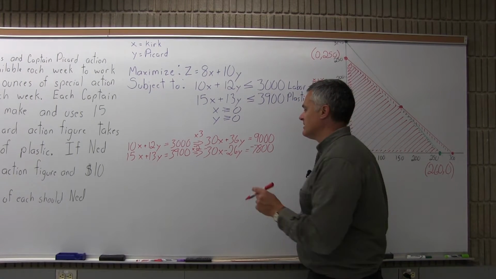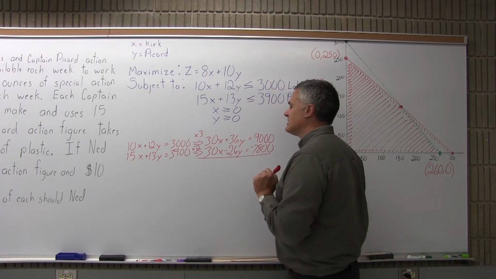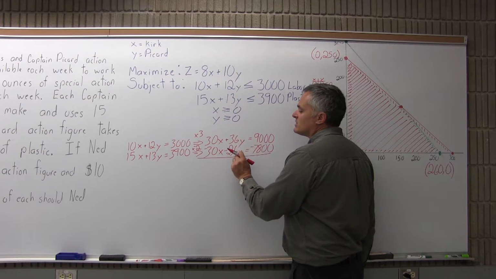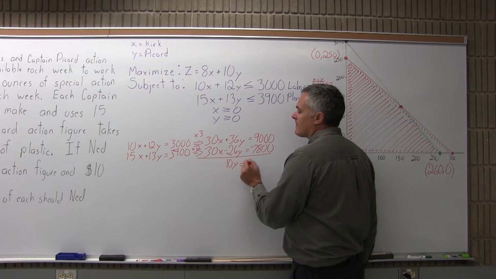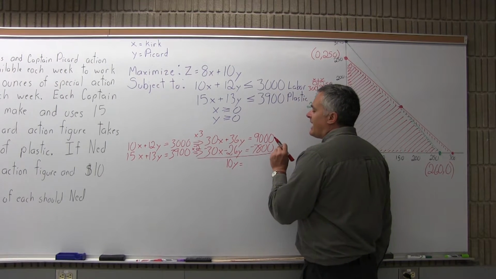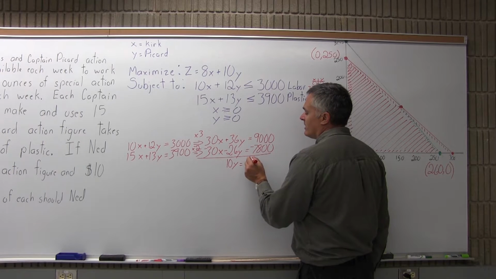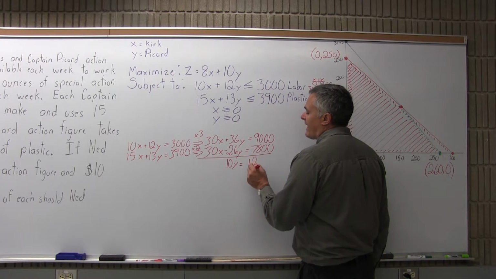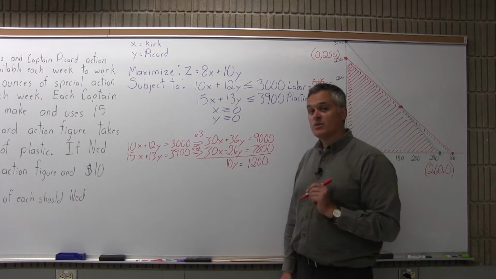My x variable will cancel, which is good. So 30x and negative 30x cancel the x's. Positive 36y, negative 26y will give me a positive 10y. And positive 9,000, negative 7,800 will be positive 1,200. Now I have 10y equals 1,200.